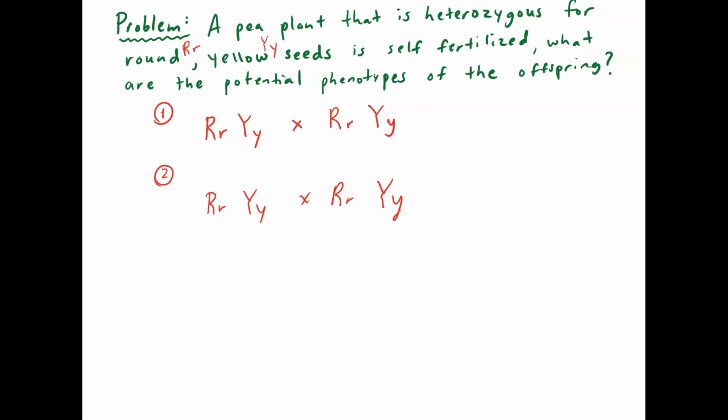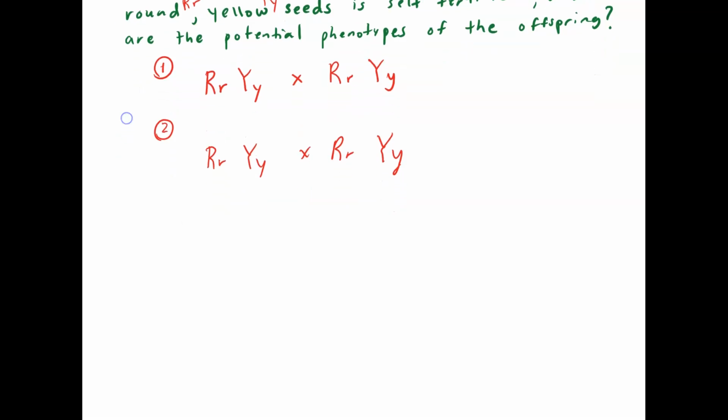So to do that, we're going to go back to our math lessons and do some foiling. We're going to take the first gametes, which would simply be big R, big Y. We're going to take the outer gametes, which would be big R, little y, and the inner gametes, which would be little r, big Y, and the last ones, which would be little r, little y.